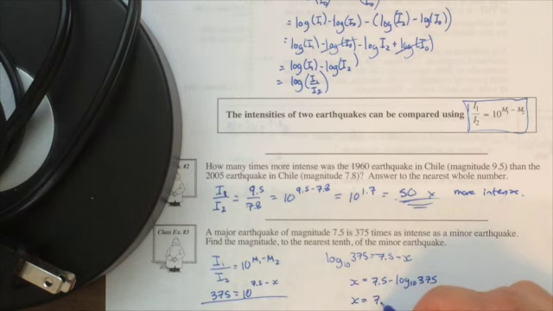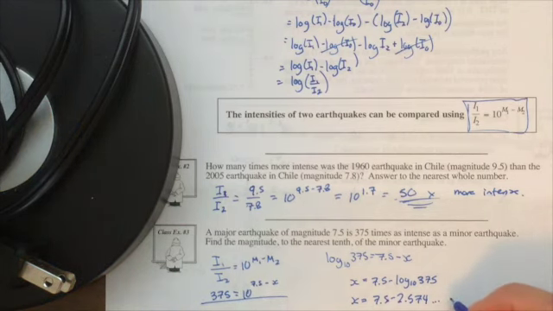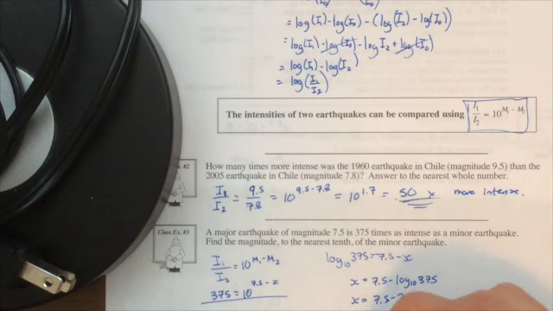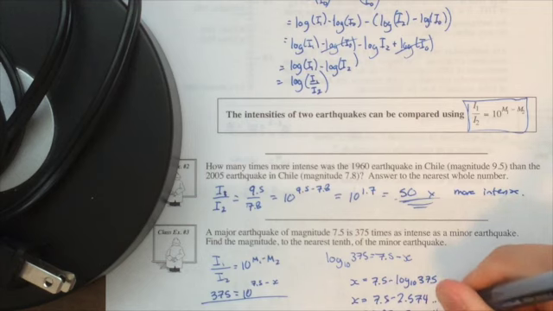And of course, I'm not rounding it until my final answer. And subtract that from 7.5. We're getting an answer of X is equal to 4.92. And we want to go to the nearest tenth, so we're going to say that the magnitude of the minor earthquake is 4.9.